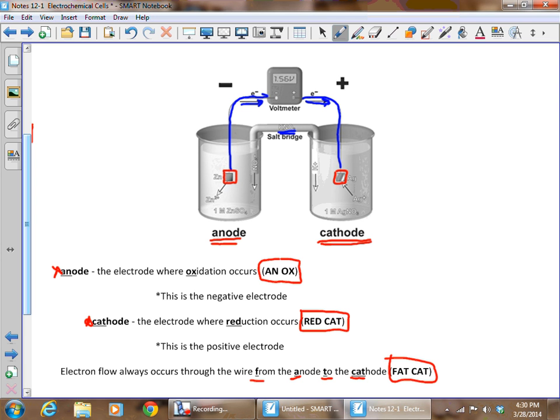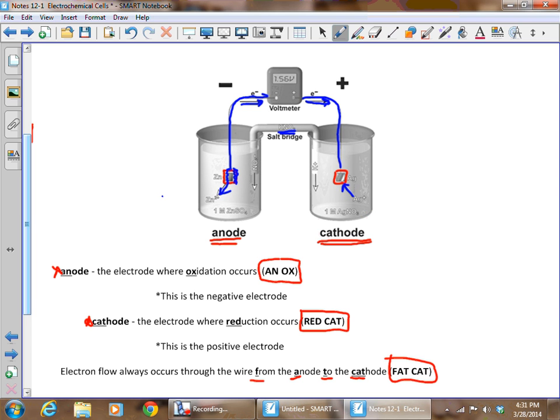Over on the cathode side, if you notice the arrow, we have the silver ion being plated out on the silver and turning into the silver metal. Now, that's really important because over here with the zinc, as that zinc anode is turning into zinc ions, it's going to get smaller and smaller and smaller.